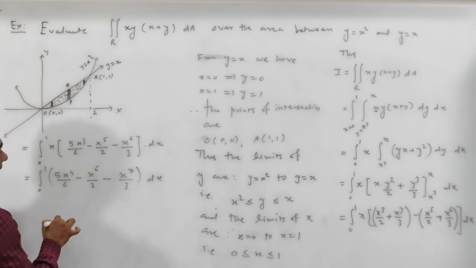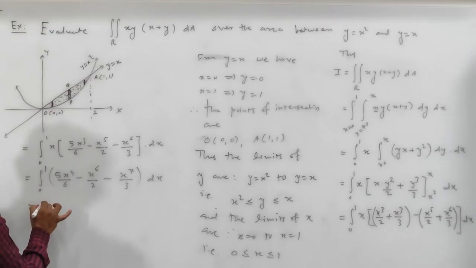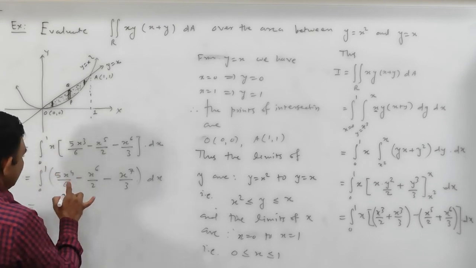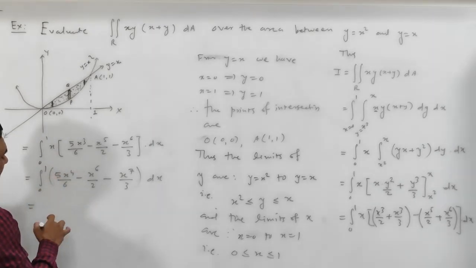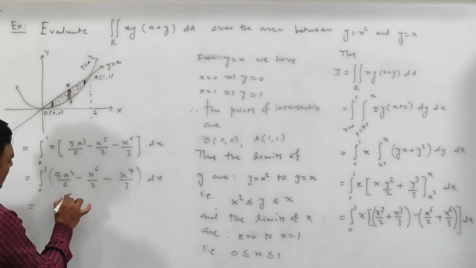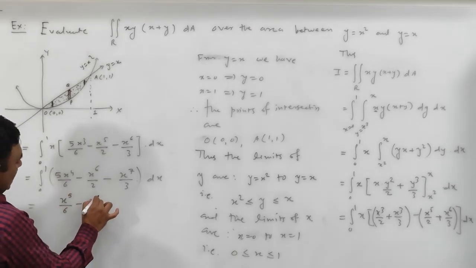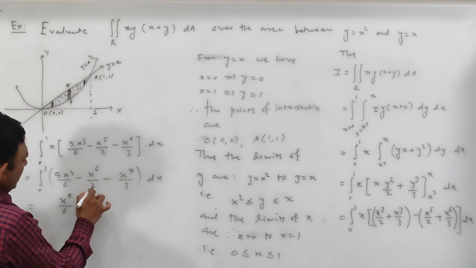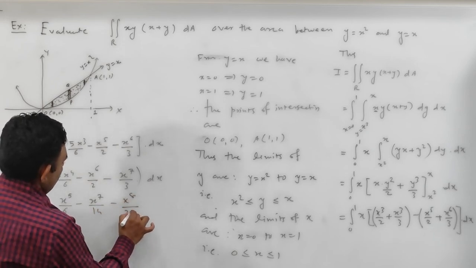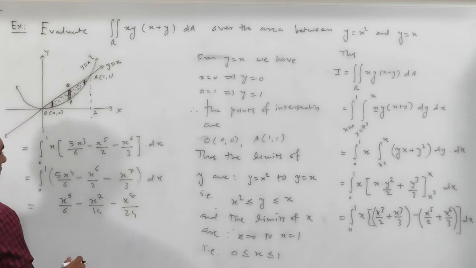Now it is simple integration. Integration of x raised to 4 is x raised to 5 by 5, which cancels with the 5 in the numerator, so it is x raised to 5 by 6, minus x raised to 7 by 7 into 2, that is 14, minus x raised to 8 by 24.